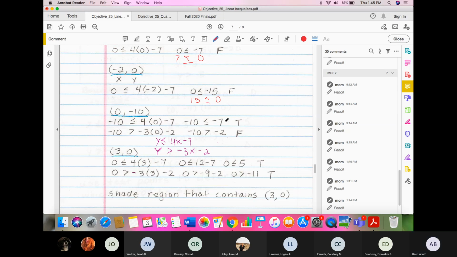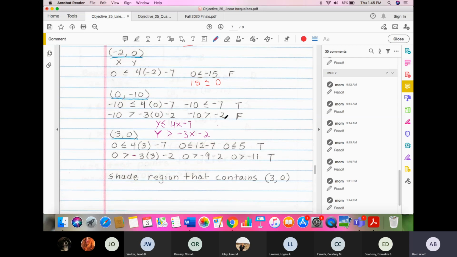Is that a true statement or a false statement? You can always draw a number line. And this -10 is smaller than -7 because -10 lies to the left of -7 on the number line. So that is a true statement. So we got one true statement. So there's hope there.